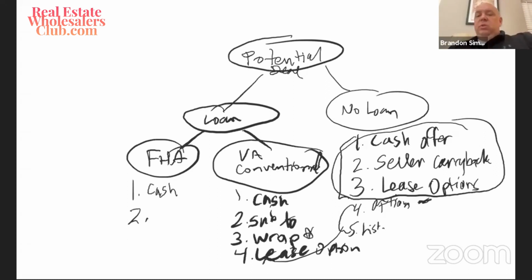So we can't really use the sub to a wrap strategy. So then it goes cash, then lease option. Okay, typically, and then the same thing. Then we have the right to option it or the right to list it.